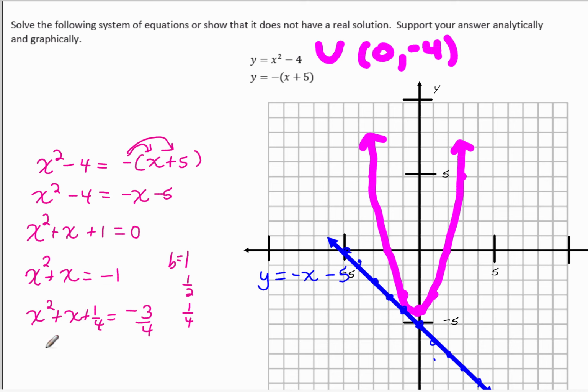They don't cross, because if I rewrite this, I get x plus 1/2 squared equals negative 3/4, and that's right. I'm going to end up taking the square root and solving for x. I get x equals negative 1/2 plus or minus the square root of negative 3/4. And right there, support your answer analytically and graphically. This is not a real number, so therefore there are no real solutions.